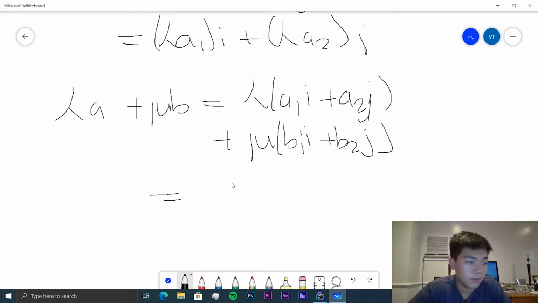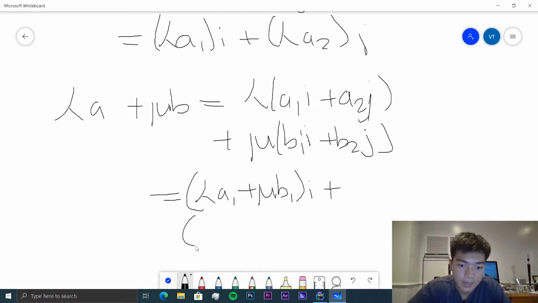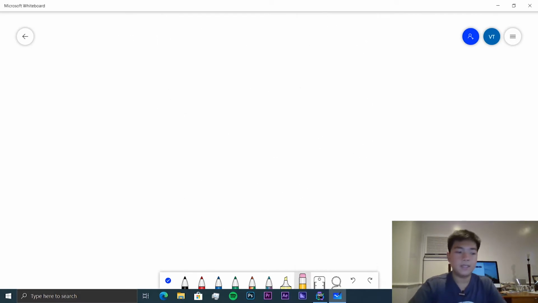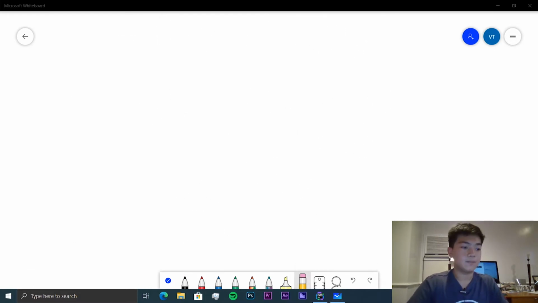So this is equal to lambda a1 i plus mu b1 i plus lambda a2 plus mu b2 j. That's how we linearly combine vectors, and in 3D space it's the same, we just expand for another plane. So given that, let's solve some questions.